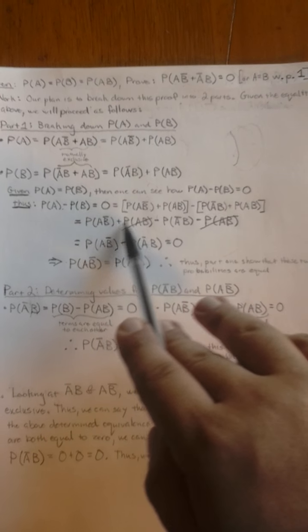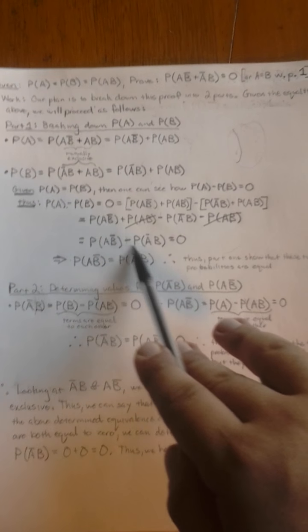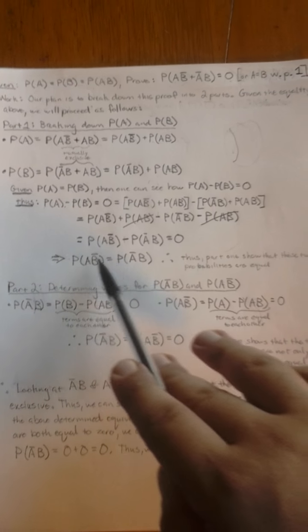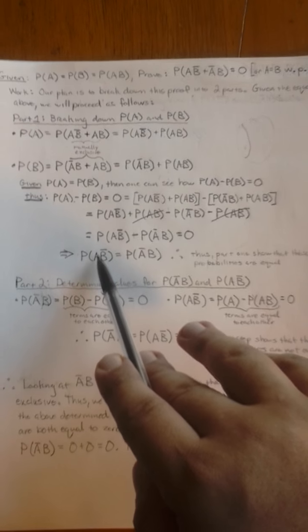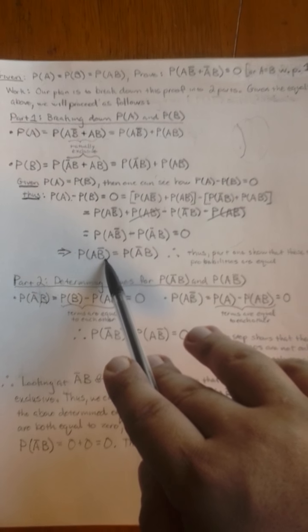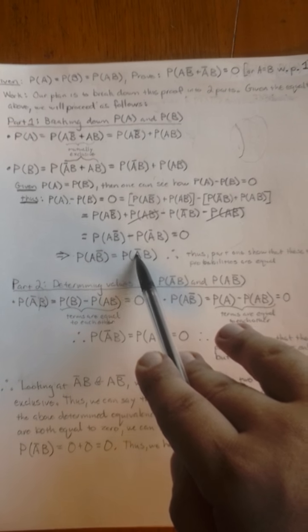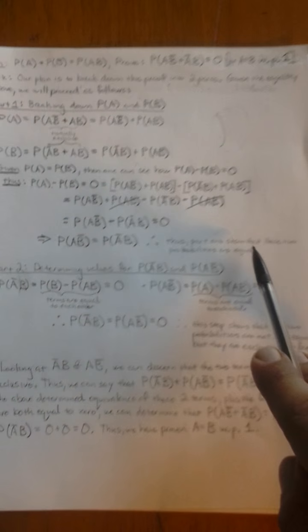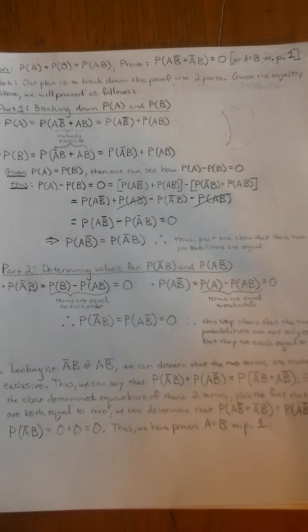We play out the actual terms, cross out for commonality, see? And we determine this equation comes out right here, which breaks down that basically the probability of the intersection of A with the complement of B is equal to the probability of the intersection of the complement of A with B.